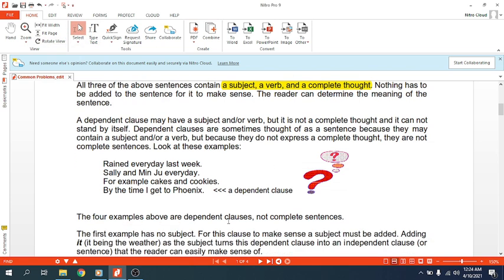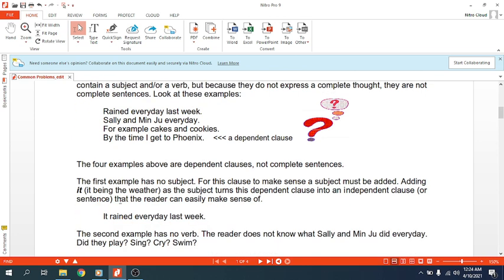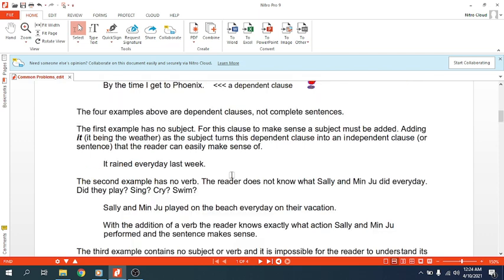Sekarang, so you all already know why these three fragments are not sentences ya, jadi tidak benar. Jadi kalau diperbaiki ya, kalau "rained every day" tadi it has no subject, then you add a subject: "It rained every day last week." Lalu gini, "Sally and Minju every day", it has no verb, then you add a verb.